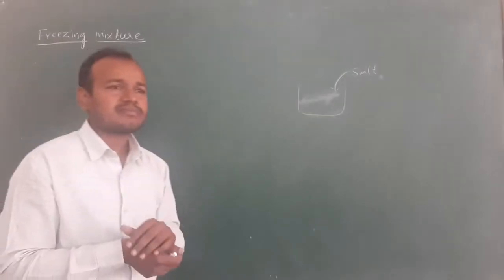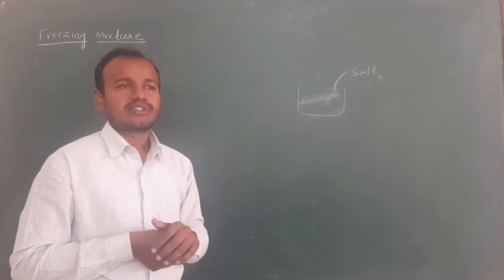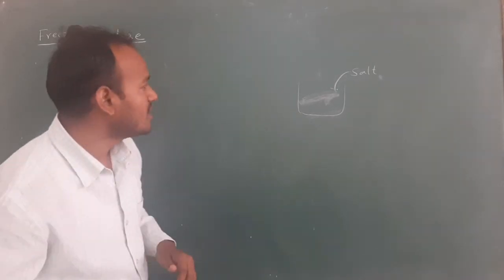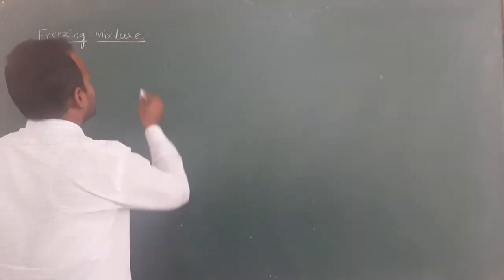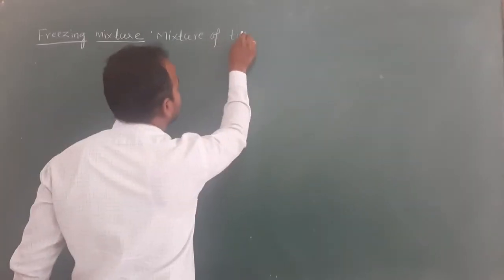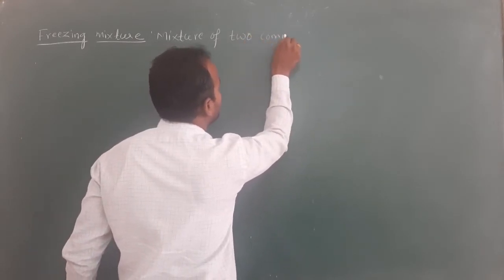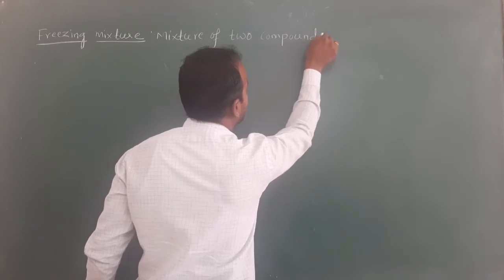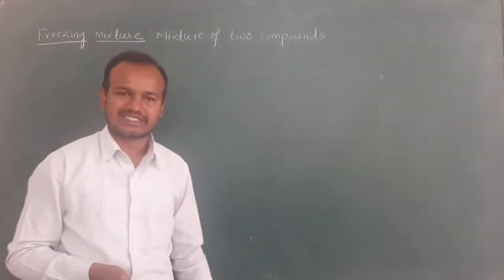So a freezing mixture means a combination of two or more components. A freezing mixture is a mixture of two compounds. It may be water and salt or other things also.